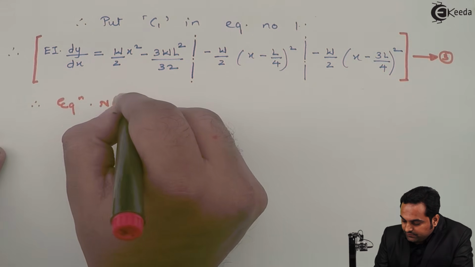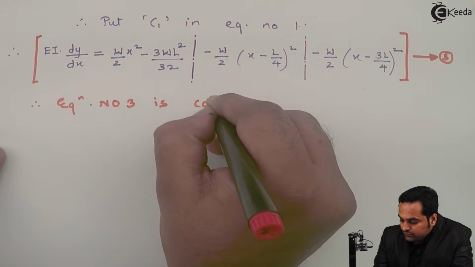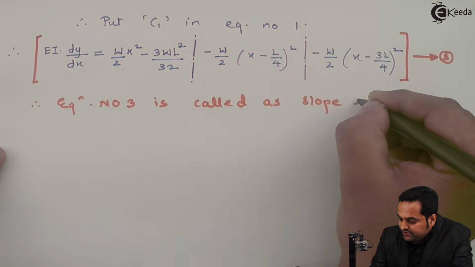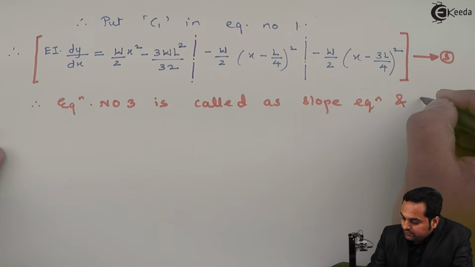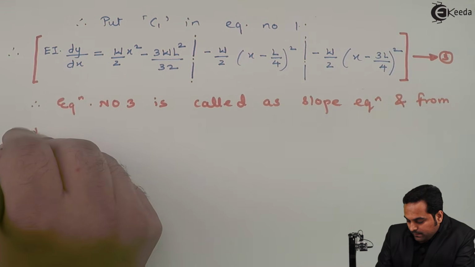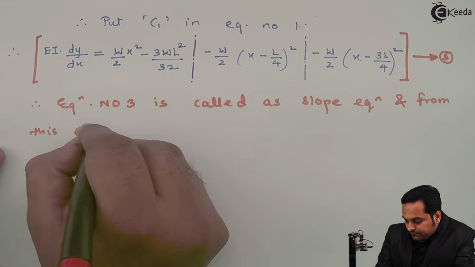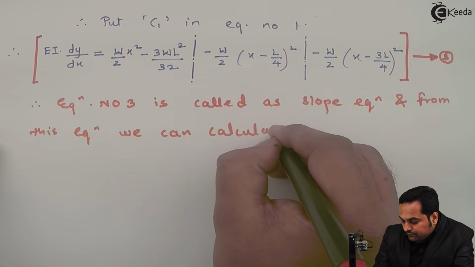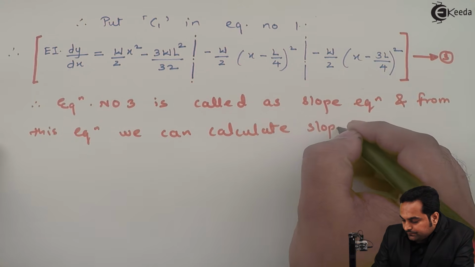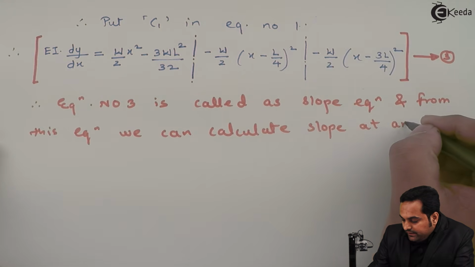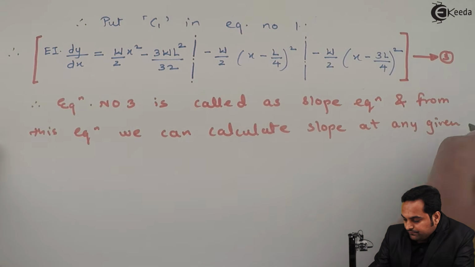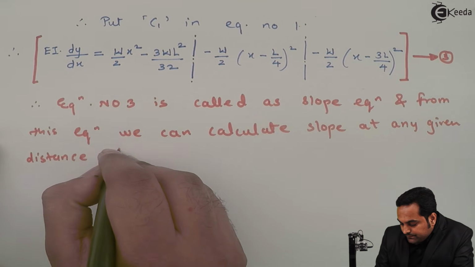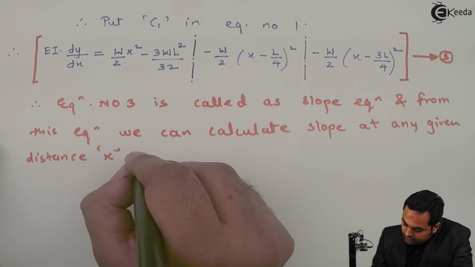Equation number 3 is called the slope equation, and from this equation we can calculate the slope at any given distance x on the beam.